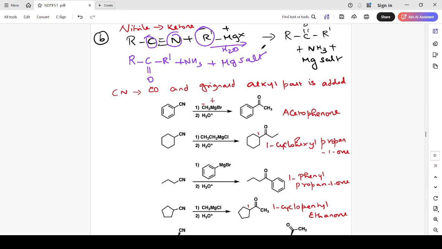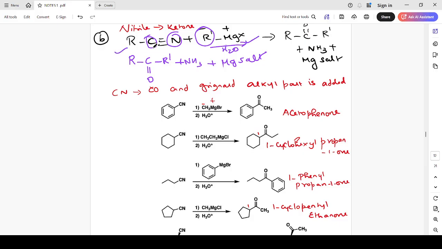Ma'am, after forming the aldehyde, when we use Grignard, we'll get an alcohol, right? Again, if I use a Grignard only, I'll get alcohol. I only form ketone, I'm using only 1 mole. I am taking RCN, I'm taking Grignard.